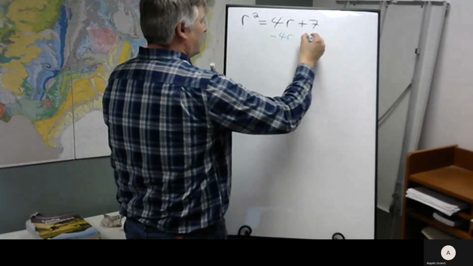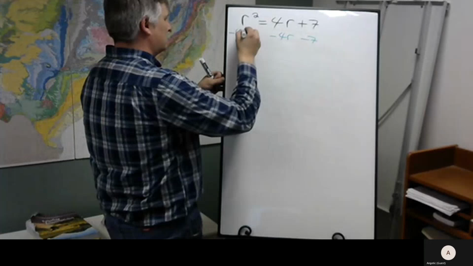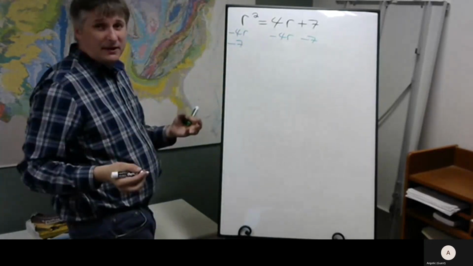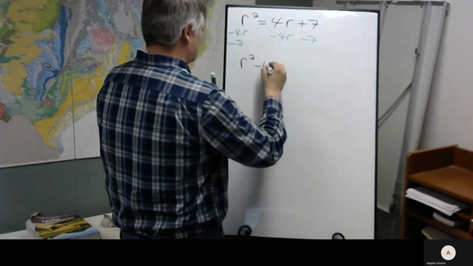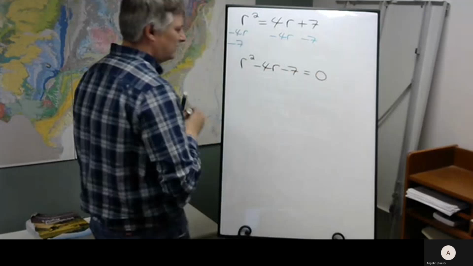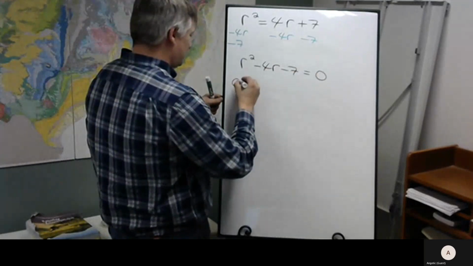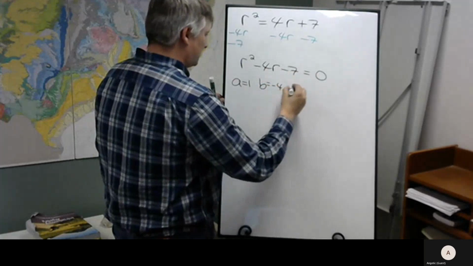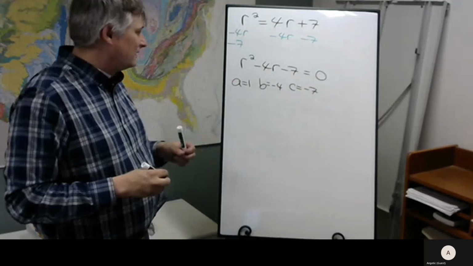So I subtract 4r and subtract 7 from both sides. I'm going to get this in standard form. And so again, I look for A, B, and C. A in this case is 1, B is -4, and C is -7.